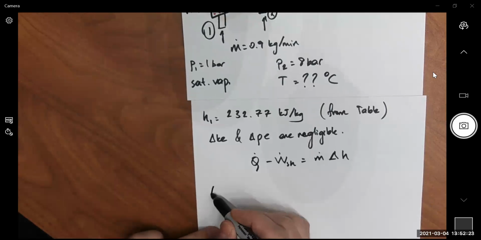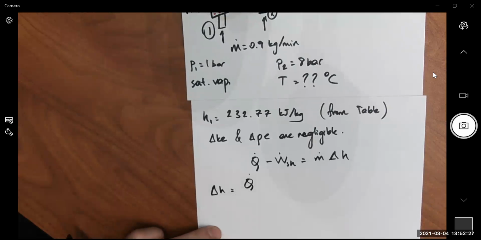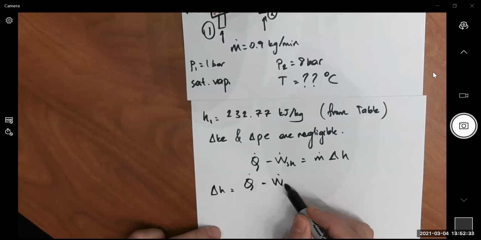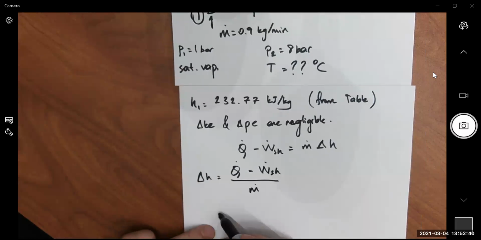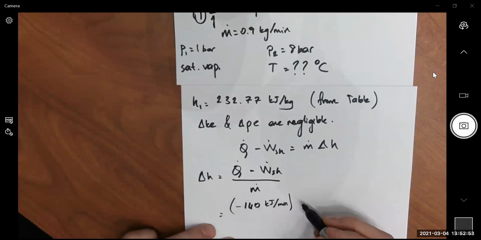So enthalpy difference will be heat transfer rate minus power consumed in the system divided by mass flow rate. The system is cooled down at the rate of 140 kilojoules per minute, right?